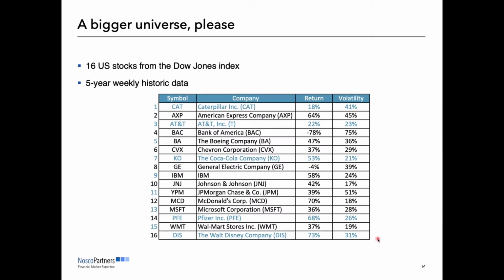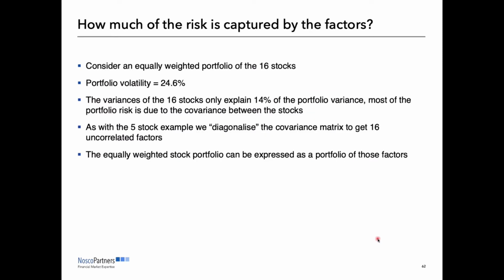But again, the portfolio is just 1/16 of my money in Caterpillar, 1/16 of my money in American Express, and so on. So consider an equally weighted portfolio of the 16 stocks. I can calculate the volatility. Because these are just 16 stocks, I can take the variance covariance matrix V, and I can calculate the volatility of the portfolio, and the volatility of the portfolio is 24.6%.